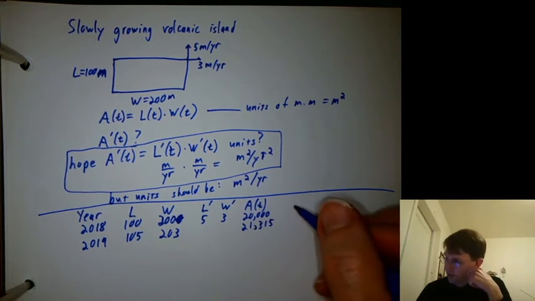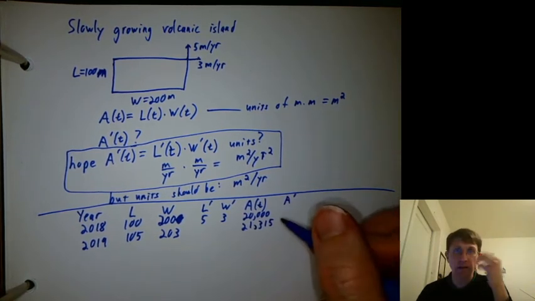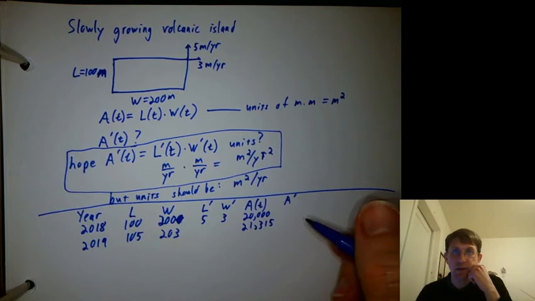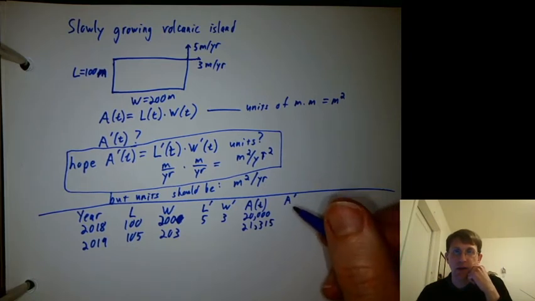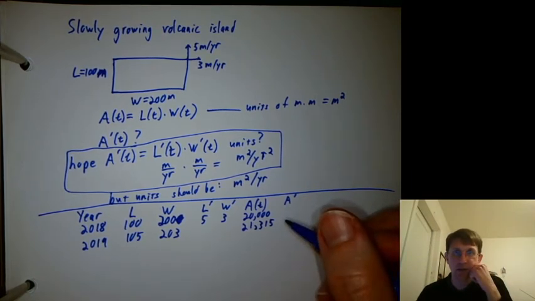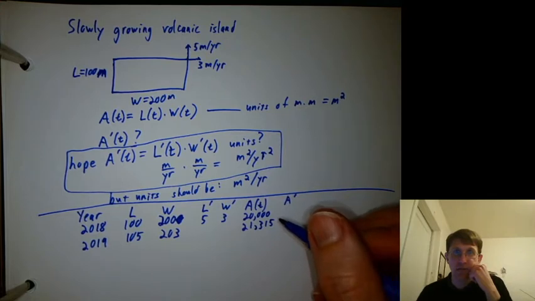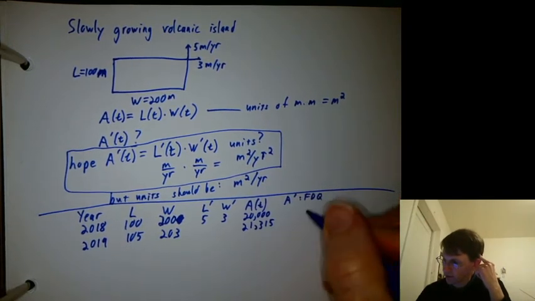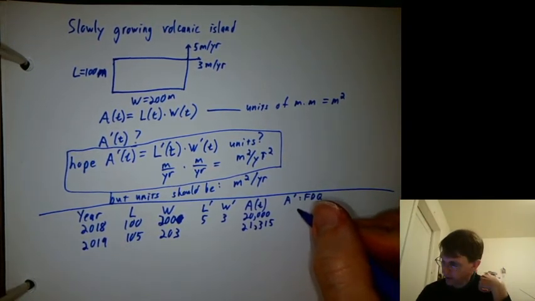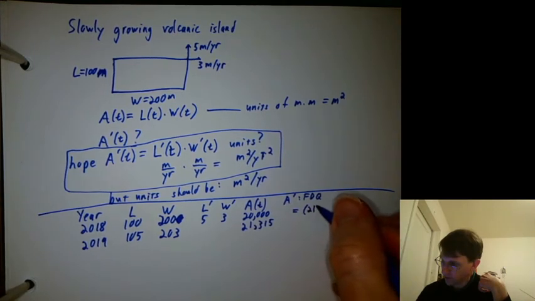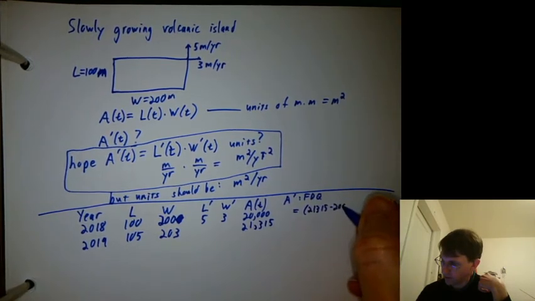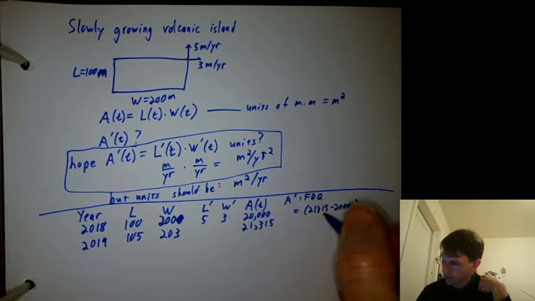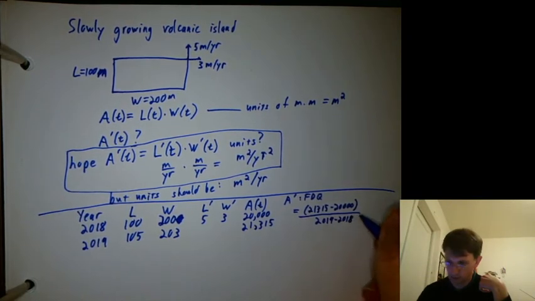So what can we say about A prime here, at least from this data set? How can we compute A prime based on the numbers we have? Well, we've got an old and a new value for A, so we can use the forward difference quotient. So we can just say 21,315 minus 20,000 divided by 2019 minus 2018.